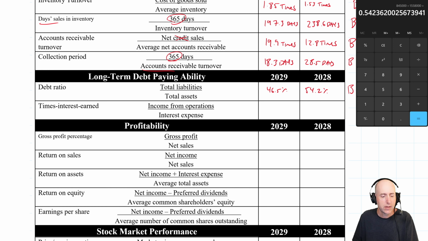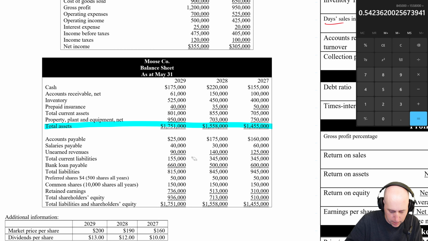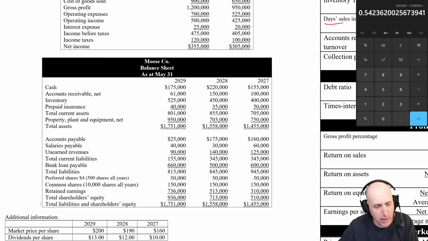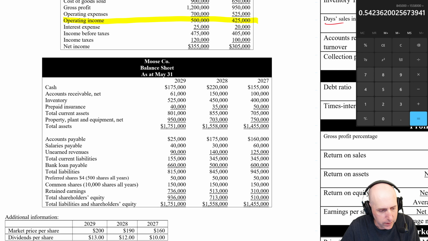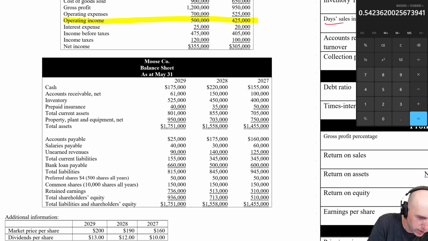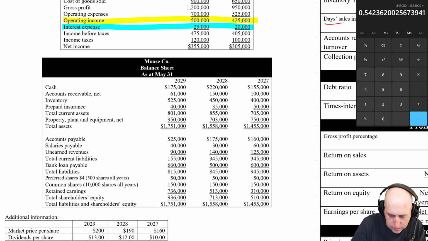Times interest earned. This is a measure of can we cover our interest costs? So it's our operating income divided by interest expense. This all comes from the income statement. I'll take the yellow one, operating income, and I'll divide by the blue one, interest expense.